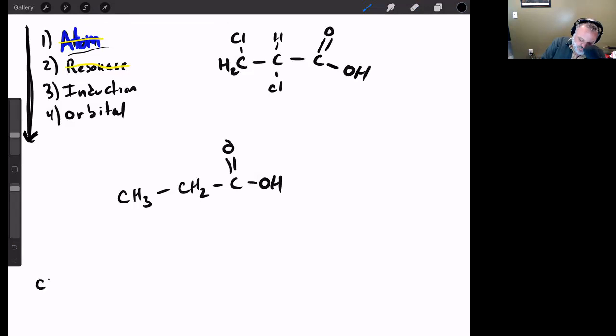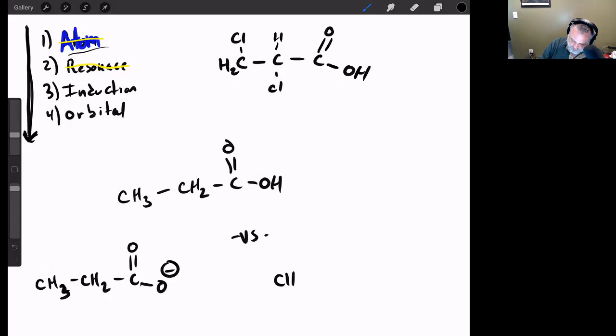So at the bottom, we're still going to examine the relative strengths of the conjugate bases. So it's this one versus, and I'm going to get it all nice and condensed, this one.